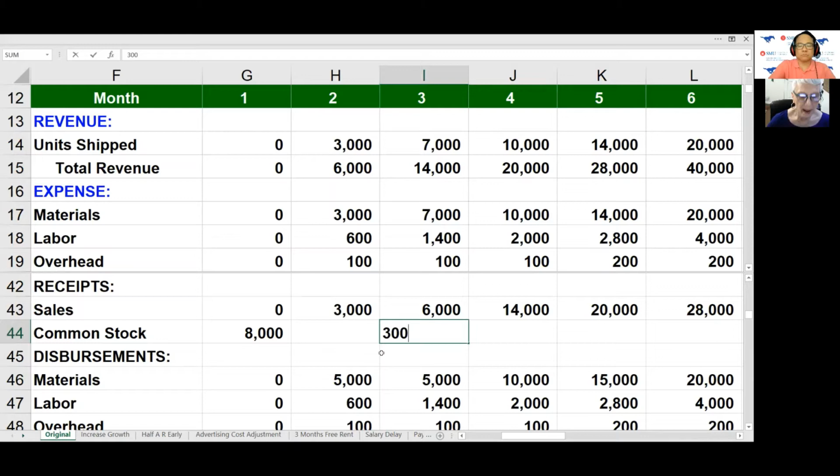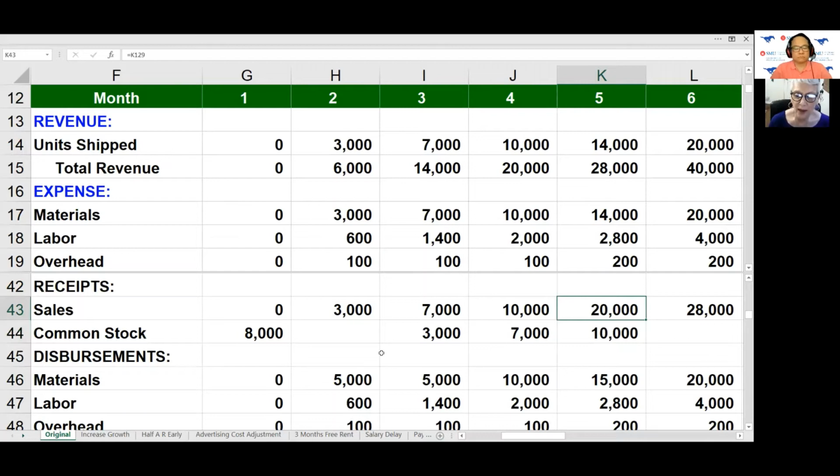And then half of our 14,000 from month 3, which is 7,000, and the other half in month 4, and half of our month 4 sales, which is 10,000, and the other half there.